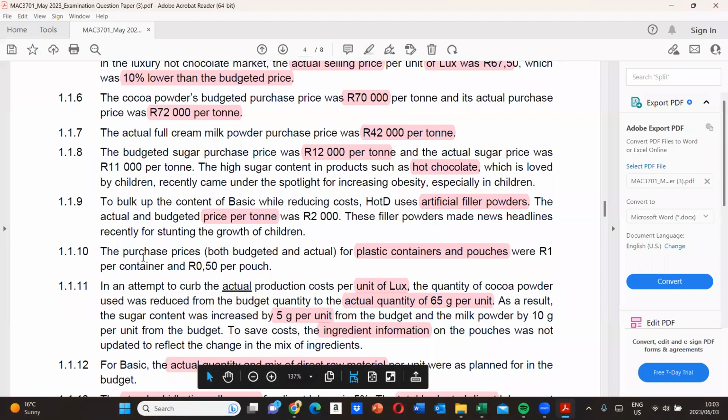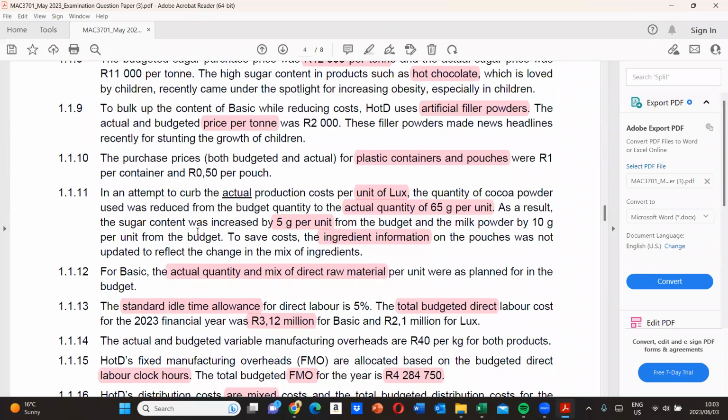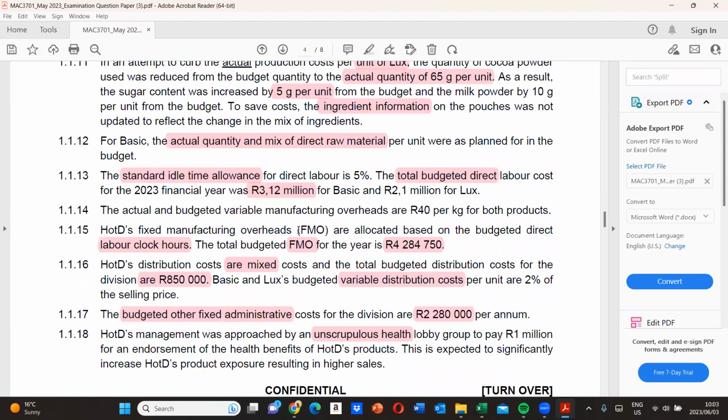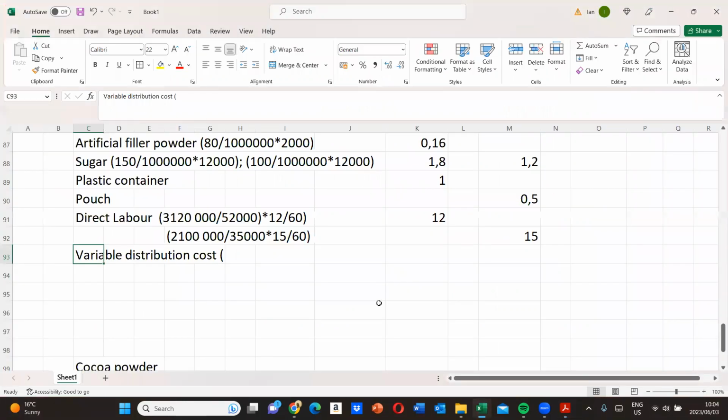And then your variable selling cost, we said is how much? Here we are, 2% of the selling price. So we were told it is 2% of the selling price. So 2% of 65, that's the selling price per unit.